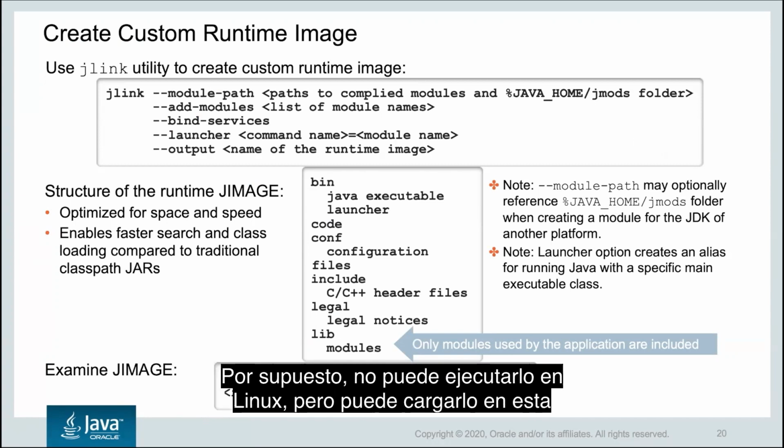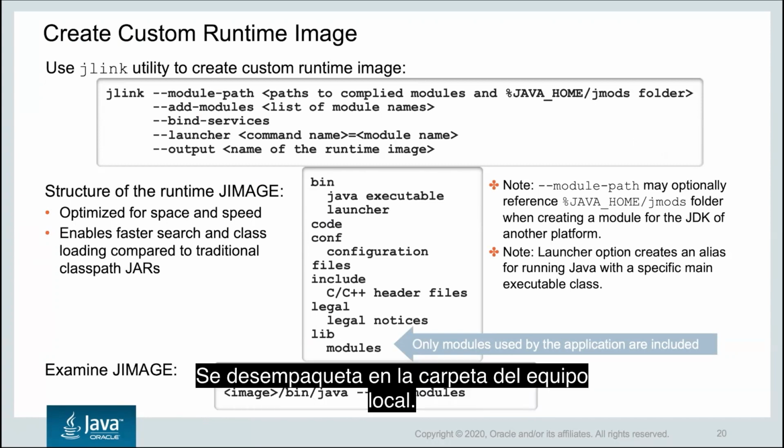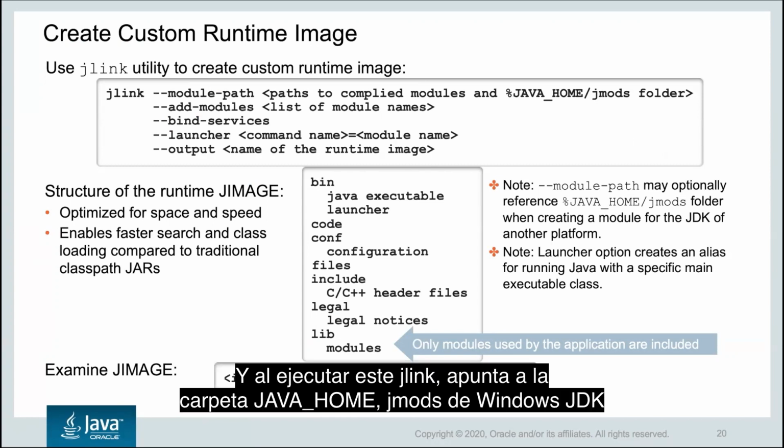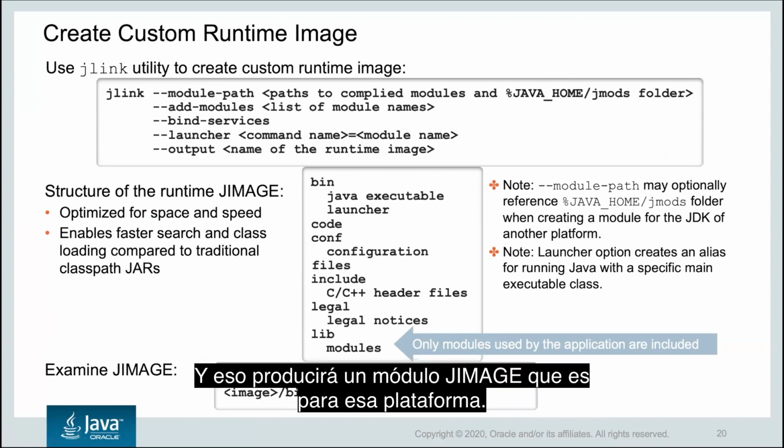Of course, you can't run it on Linux, but you download it onto this Linux machine, you unpack it into a local folder, and when you run JLink, you point to the Java Home jmods folder of the Windows JDK instead of the Linux JDK. Well, you can do that. And that will produce a JImage for that platform.